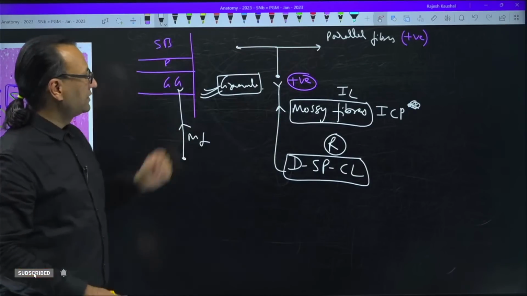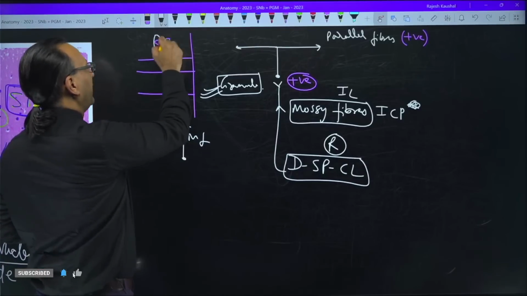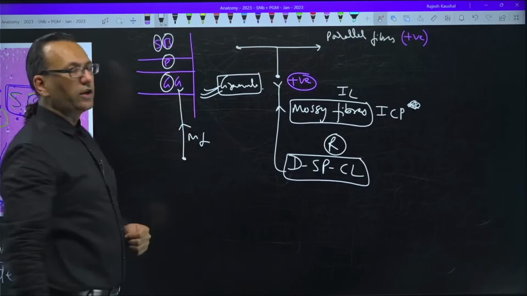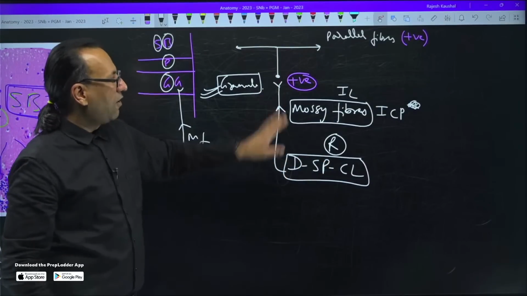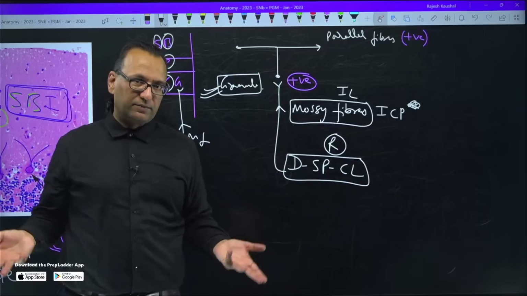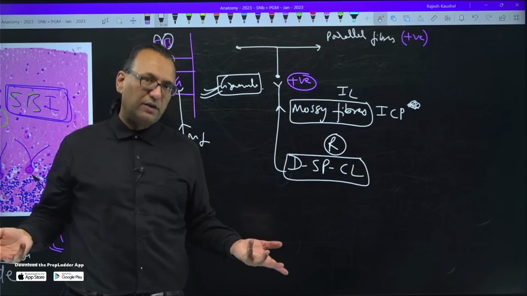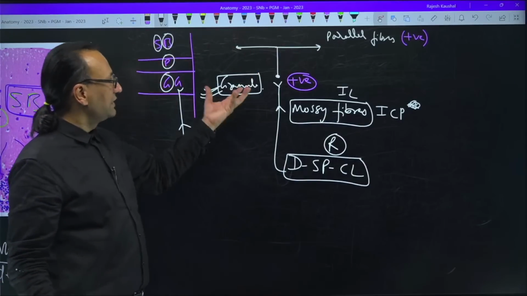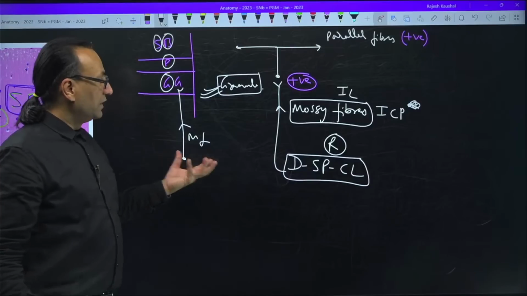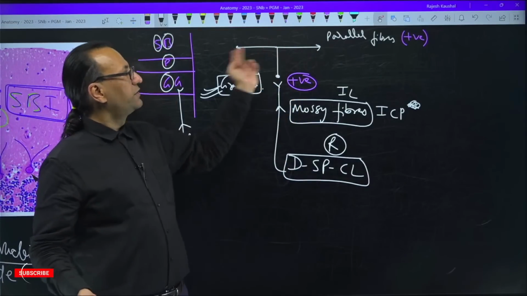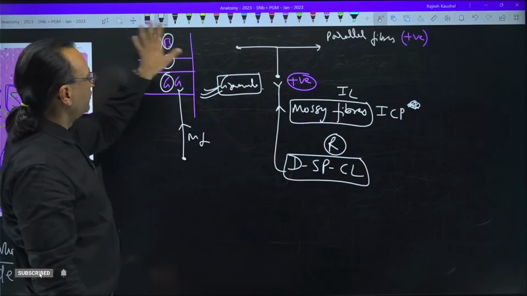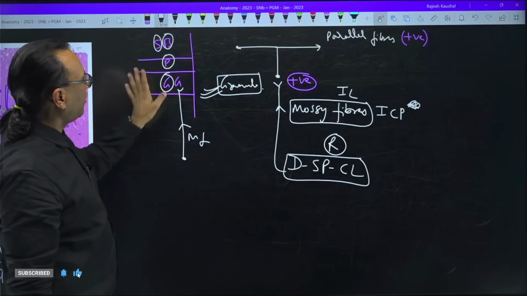Yes, the remaining 4 cells, which are the stellate, basket, Purkinje, as well as Golgi cell. So once this pathway is activated, all the 5 cells are stimulated. The first cell, the granule cell, is already stimulated, and it is now using parallel fibers to stimulate all of them: stellate, basket, Purkinje, and Golgi.